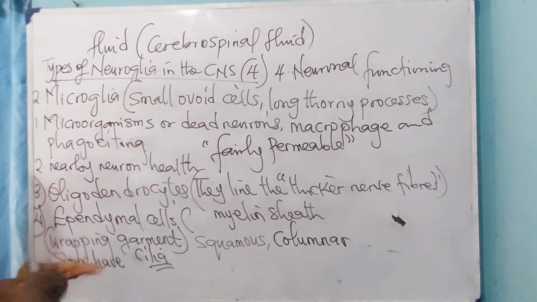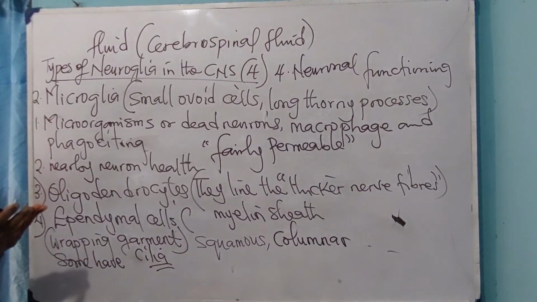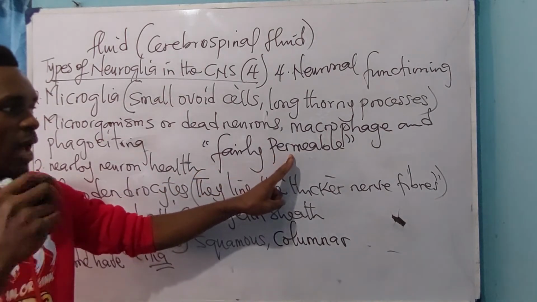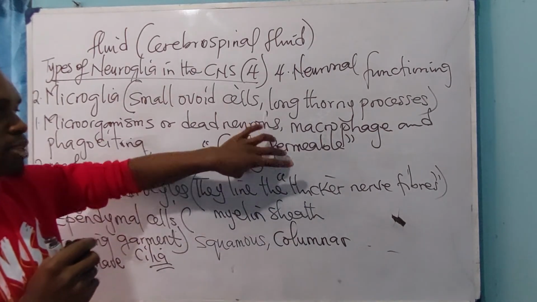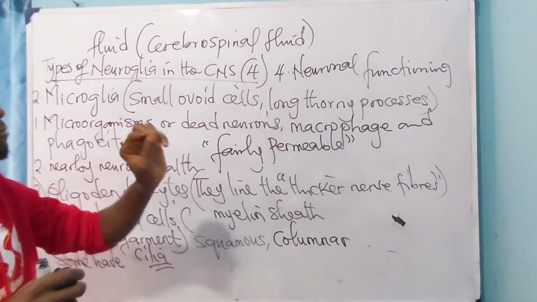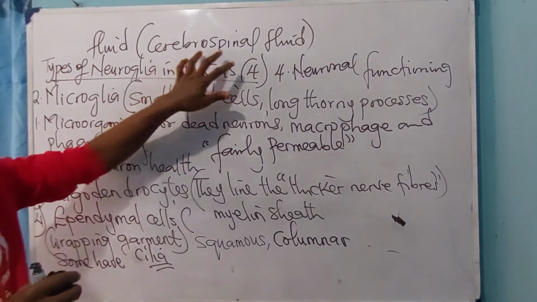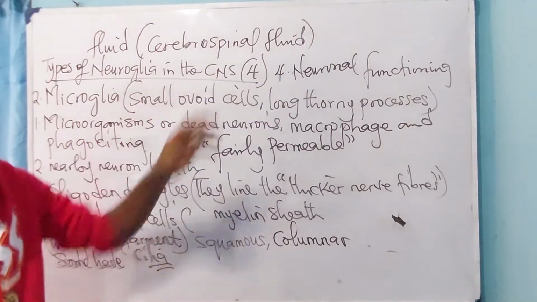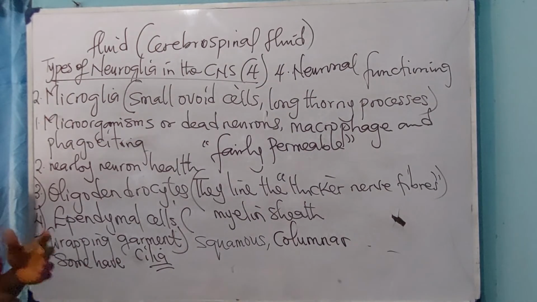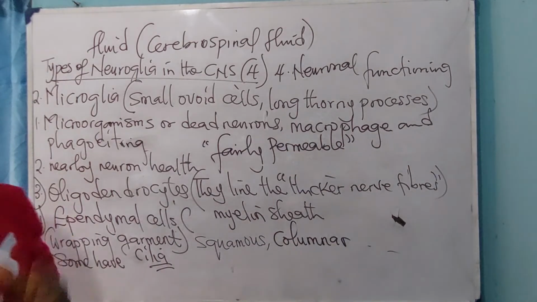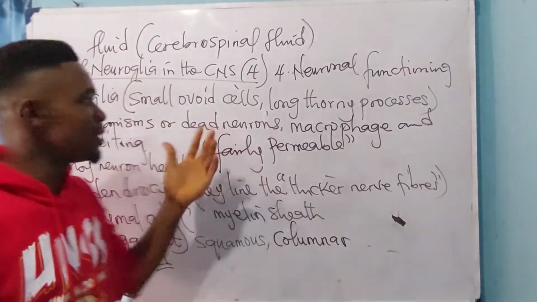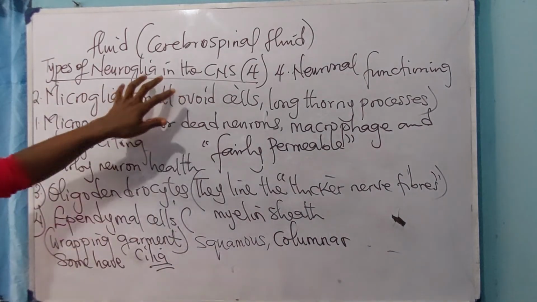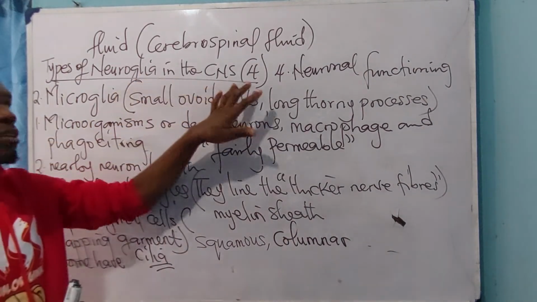And secondly, they form a fairly permeable membrane, and this membrane is made up of cavities that are made up of cerebrospinal fluid, and this fluid has the ability to bathe the cells that are found in the central nervous system. So please, this is all about the four types of neuroglia found in the central nervous system.